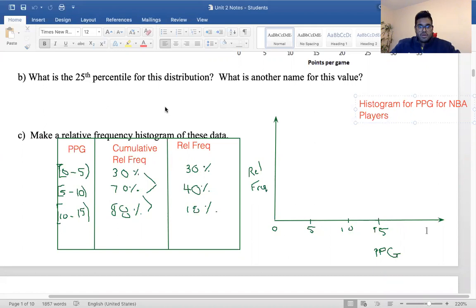Now I can go back in and start drawing. From 0 to 5, I'm going to label this 10%. The highest relative frequency is 40%, so 10, 20, 30, 40.